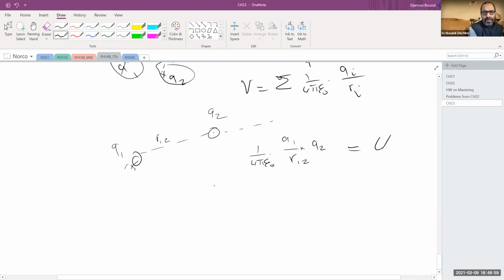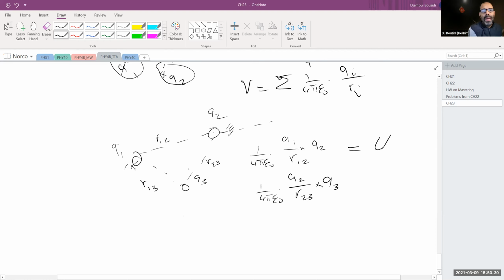Now, if I bring a third charge, let's say I nail this one too, after I bring it, this is my Q3, at a distance R13 from the first one and R23 from the second one. This charge will create a field in here that is 1 over 4 pi epsilon naught times Q2 divided by R23 times the charge Q3. Now I have this much additional energy between these two.